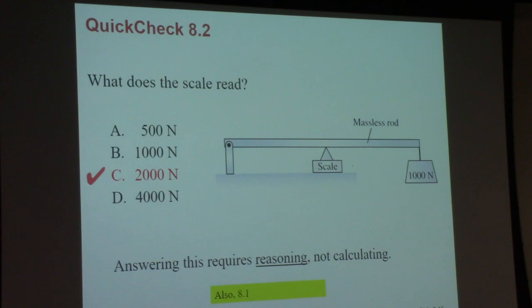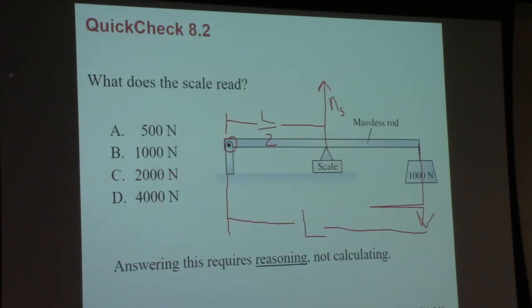So maybe one more step to convince you. Let me go back. The way that you would write this is the normal force from the scale, that's the force. Where is it acting? L over 2. That's the torque because of the scale.